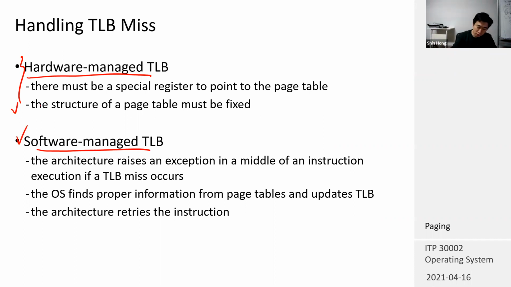Okay, so what about the software managed TLB? For a software managed TLB, when a TLB miss happens, it can be recognized by the computer architecture. Then the architecture delegates this handling job to the operating system by raising an exception. If the operating system already registered the corresponding exception handler, then the handler will be dispatched, and the handler recognizes for what reason it was invoked.